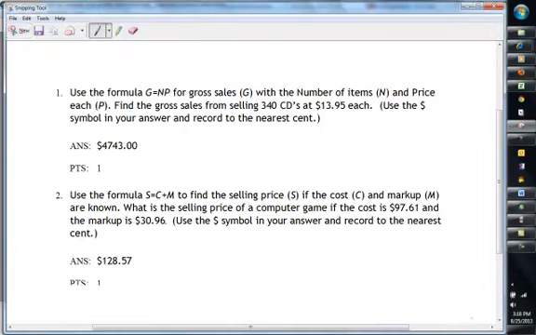In this first case, use the formula G equals NP for gross sales with the number of items and price each. Find the gross sales. So we are going to write G equals, because that's what we're looking for. It says we need to know N and P. N is the number of items, in this case 340, because we have 340 CDs, and the price is $13.95.